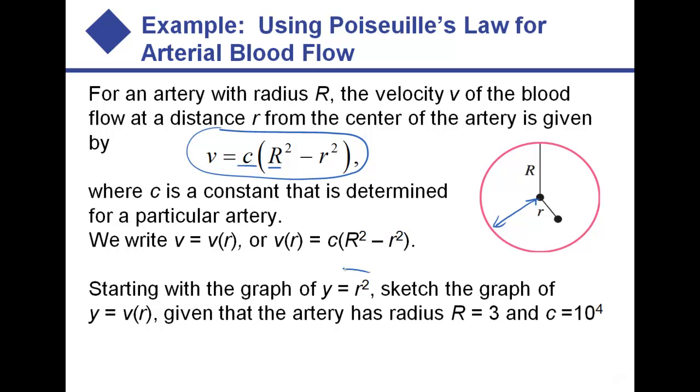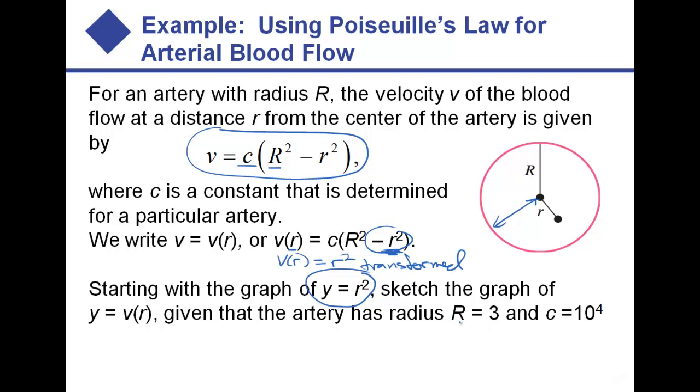Well, if you just start with the basic function of y equals r squared, we're just looking at a basic function involving this because this is our variable. This is a constant. This is our only variable. So this really looks just like V of r. We know it's a function in terms of r. It's just kind of r squared being transformed. That's how we can think of it.